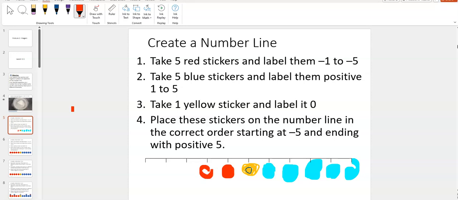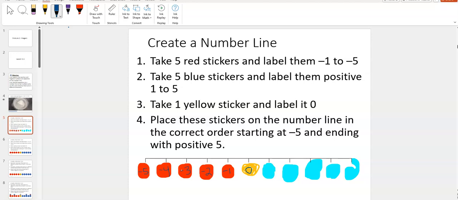So you could take a red marker or colored pencil and make red circles, and then we're going to label them. If you read the instructions here, it says that the red stickers are labeled -1 through -5. And if you remember from elementary school, our negatives are going to go from 0.